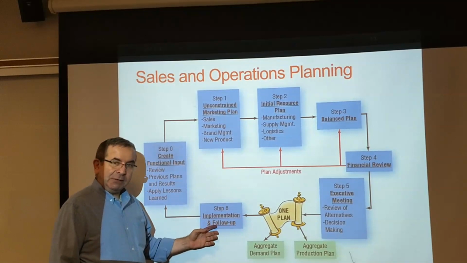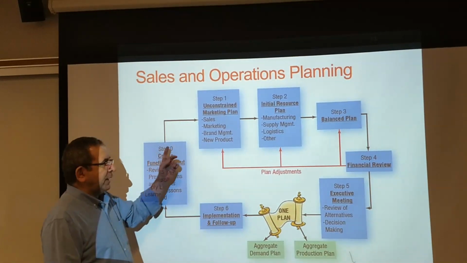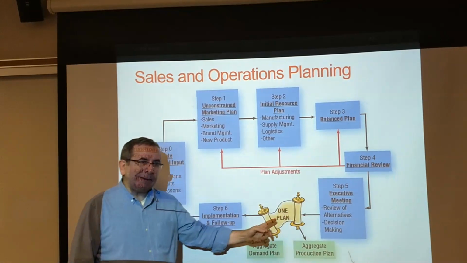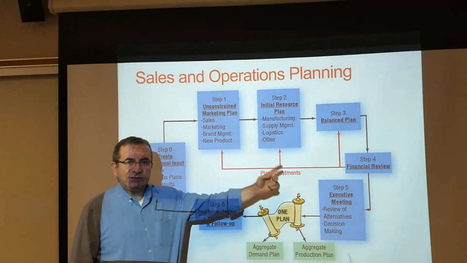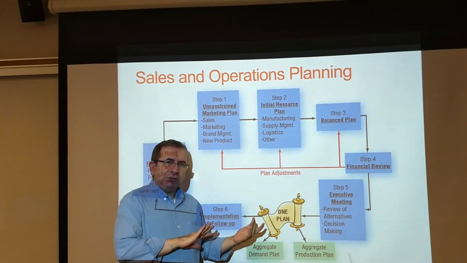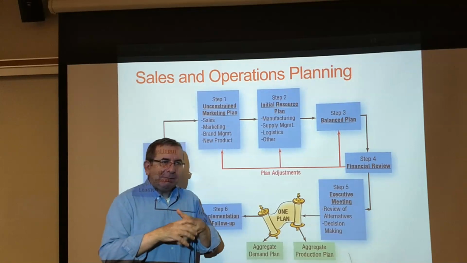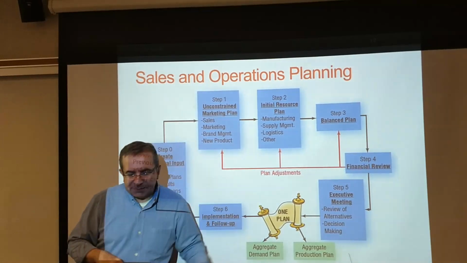And they implement the plan, and the following month, they start all over again. Okay, so this is a monthly process that goes on. Some companies do this in shorter intervals, some companies do this in longer intervals, but overall this is a monthly cycle.